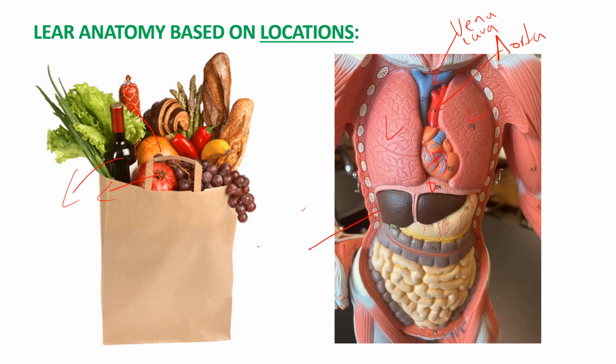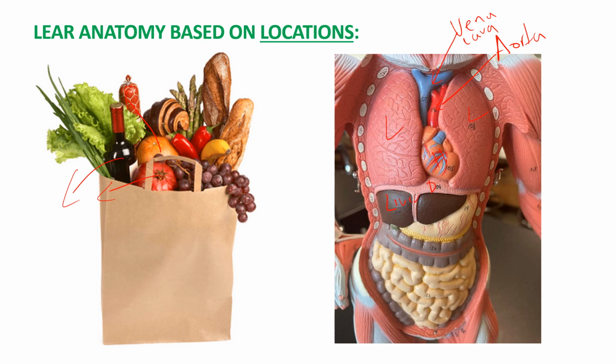Then we have more superficial, this big organ. Now, I showed you this organ before. Do you remember what was the name of this when I was telling you about the basic shapes? Well, if you remember seeing something like this, with a little thing here, that is the liver.